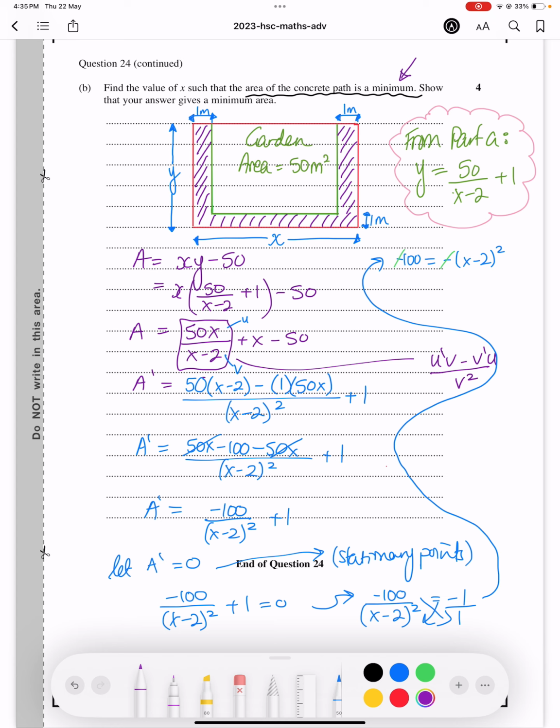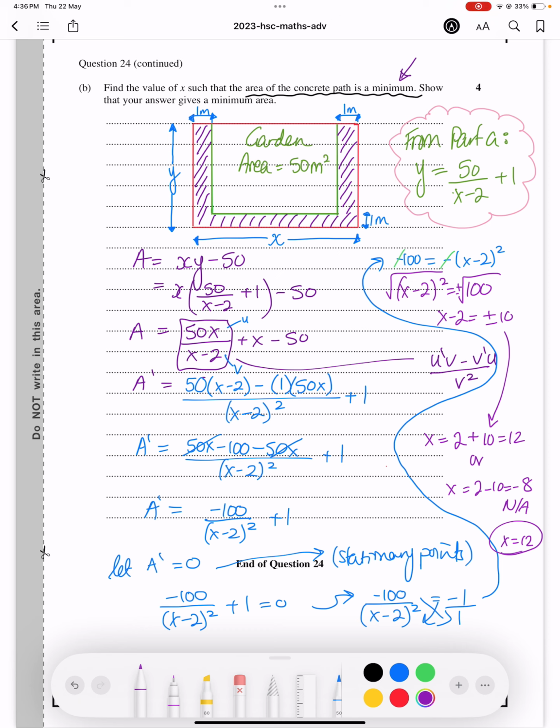That gives us x minus 2 all squared equals 100. Now, square root both sides. Of course, that's going to be plus or minus the root, giving x minus 2 equals plus or minus 10. So one solution is 2 plus 10, which equals 12, or 2 minus 10, which equals minus 8. Now remember, x is a length in meters, so the minus is not applicable, and so x is going to have to be 12.